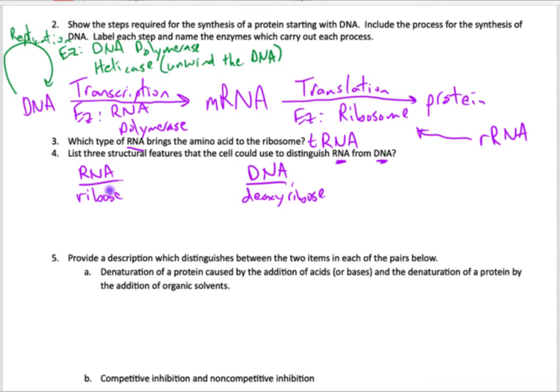Now, another structural feature that's really commonly referenced here is the difference in the nitrogenous base sequence. So in messenger RNA, or in RNA, you have A, U, C, and G. So uracil replaces thymine. And then the last commonly referenced structural feature is that your RNA structure is going to be a single-stranded piece, and the DNA is a double-stranded polymer.